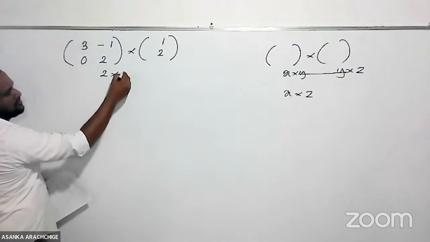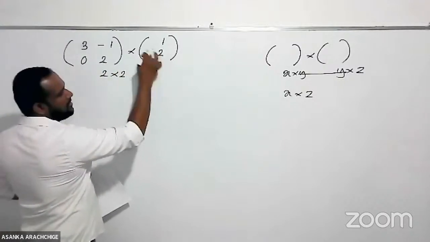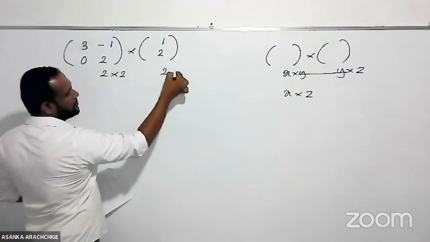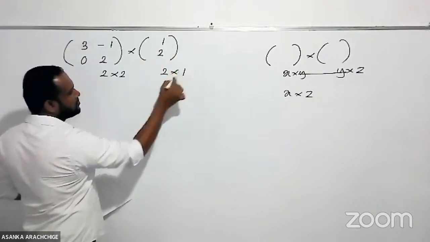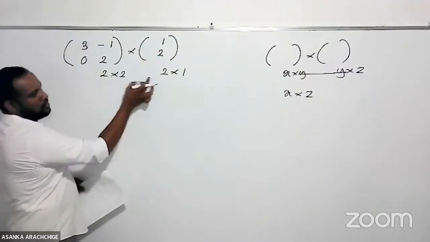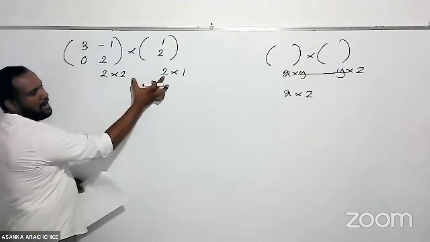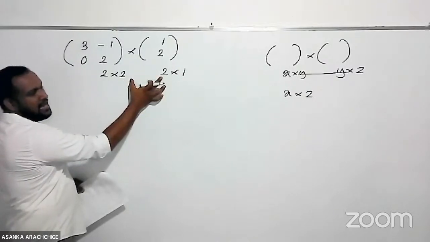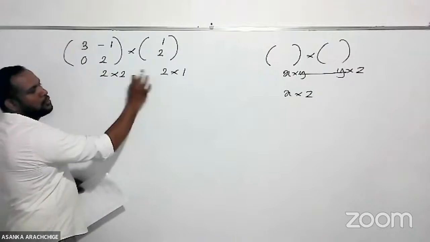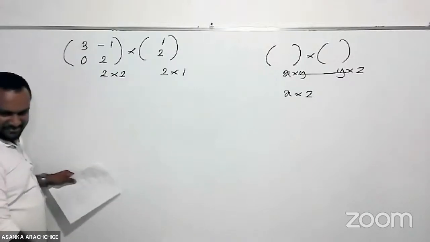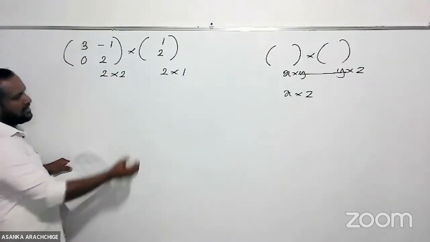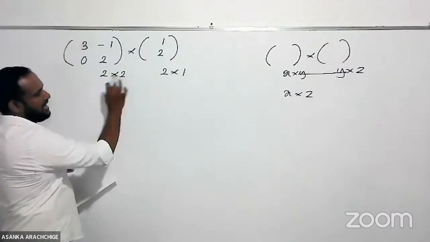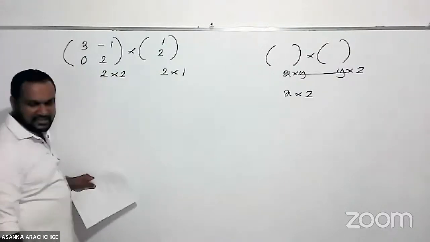Number of columns, 2. Order, number of rows, 2. Number of columns, 1. 2, 2. These two are equal. Therefore, the resulting matrix must be a 2 by 1 matrix.